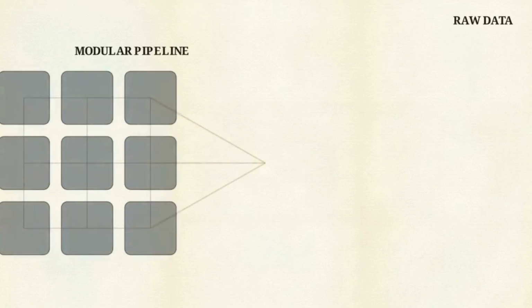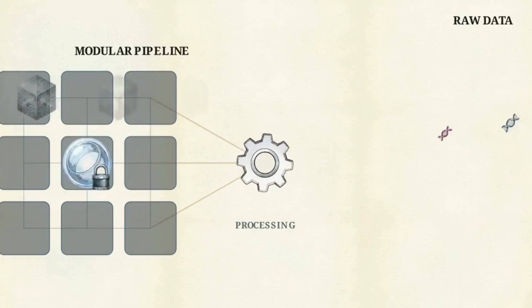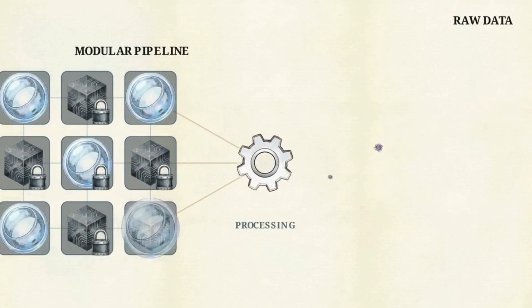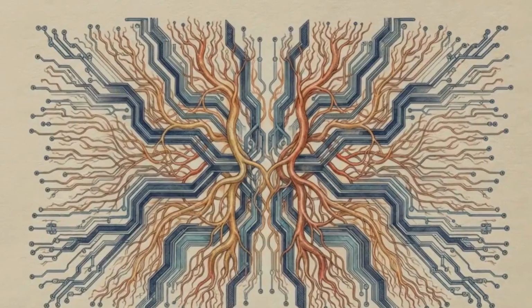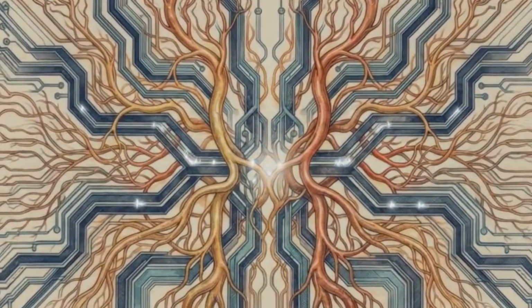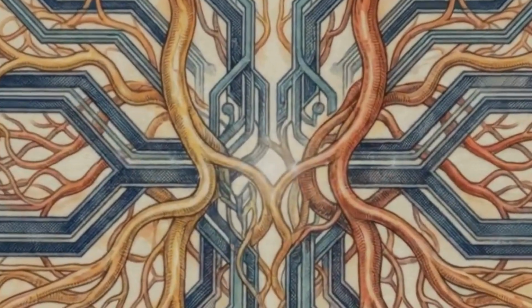Mastering bioinformatics requires designing modular architectures that can survive the unpredictable growth of genomic data. When our software adopts the modular, encapsulated logic found in the genome itself, it stops being a simple processing tool and begins to reflect the actual, breathing architecture of life itself.